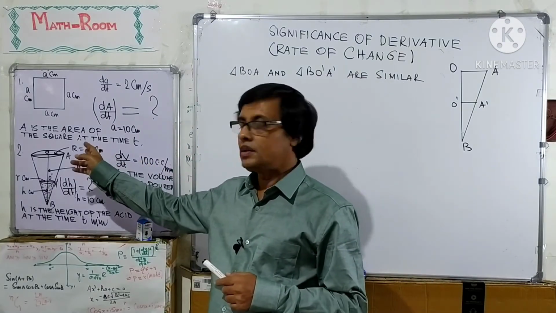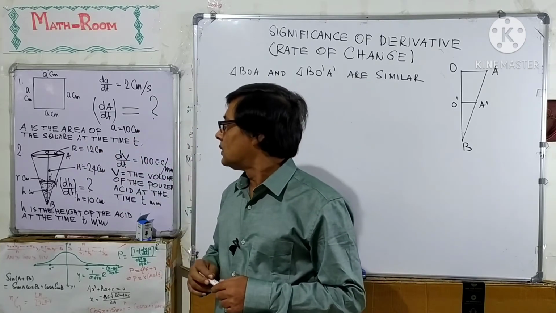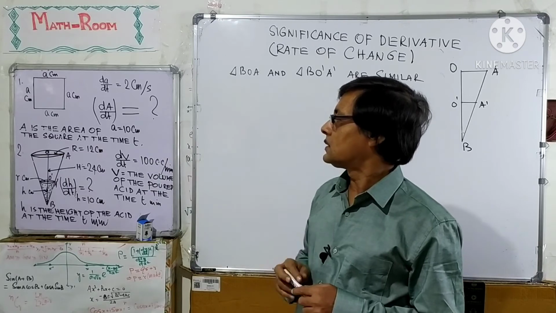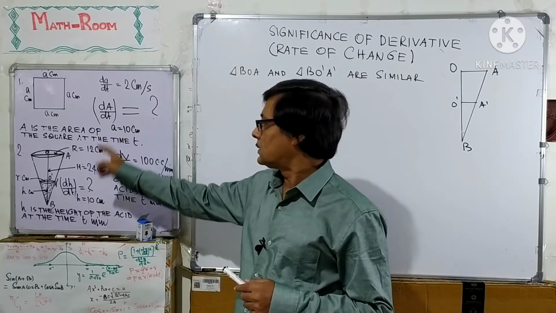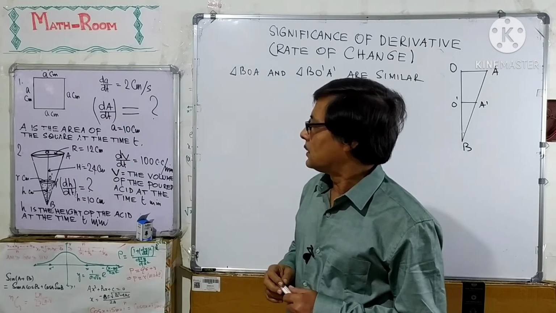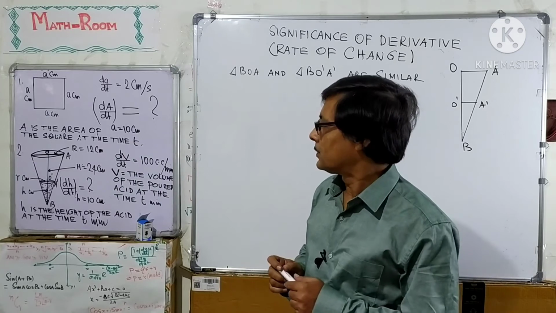The second problem is that an upside down conical pot has its base radius R equal to 12 centimeter and altitude, that is height, H equal to 24 centimeter.